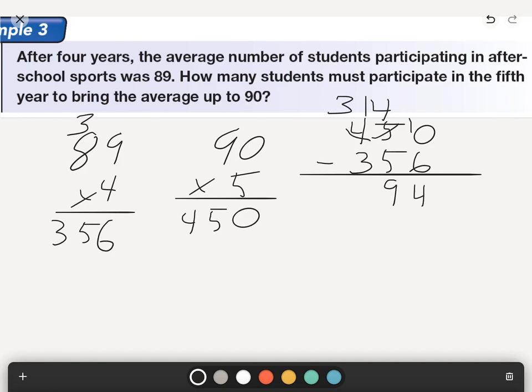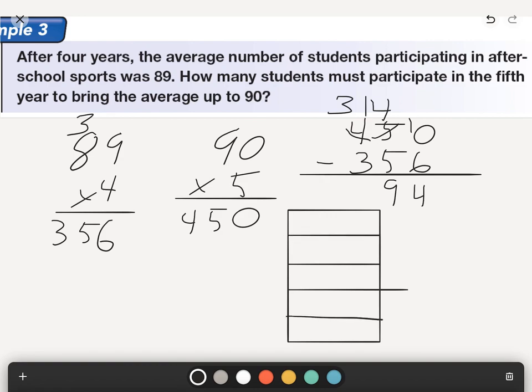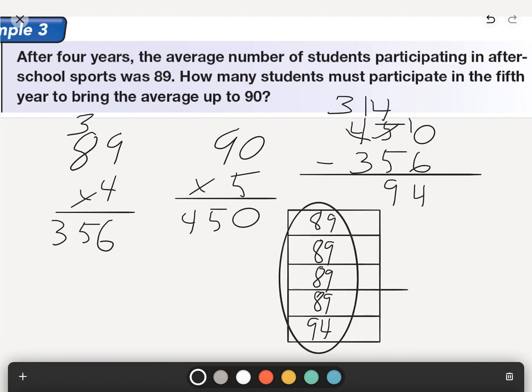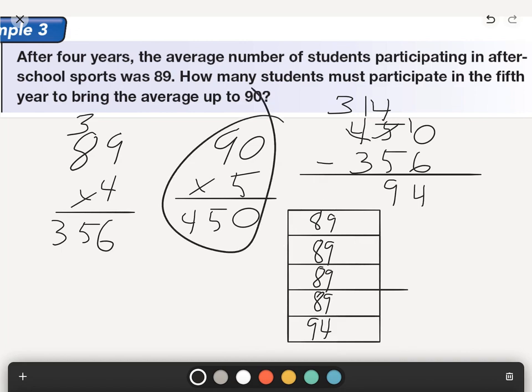We're correct. So let's see how we could think of this. We can get the actual values. So say 89, 89, 89, 89, and then 94, right? So you could think of it like this. Of course, these would all need to be the same if we're thinking in terms of the average, as in 90 times 5.